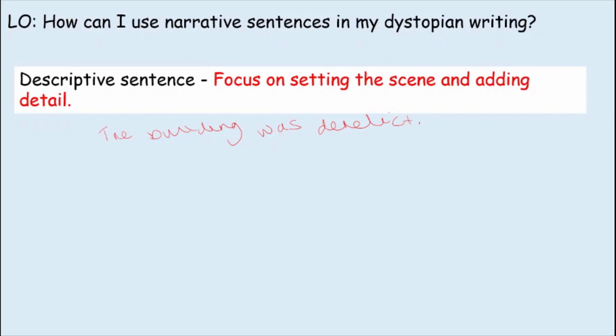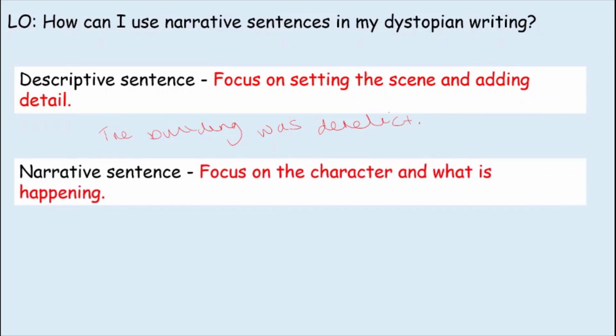The difference between using descriptive and narrative is that when I'm using narrative, I'm focusing on a character and what is happening. This is when I am doing narration, I'm describing what's happening. So I might say, she walked carefully into the wreckage.